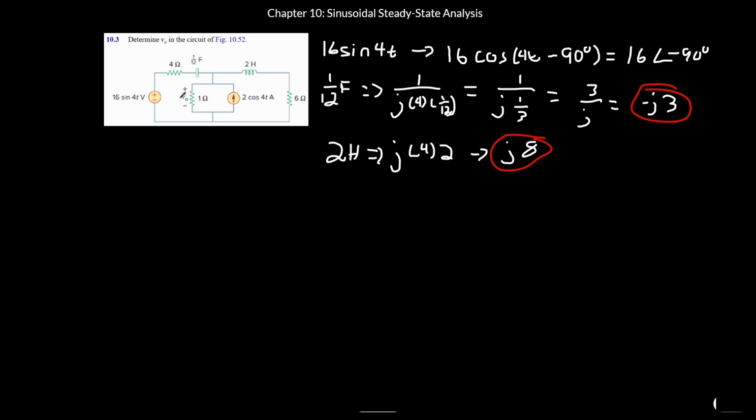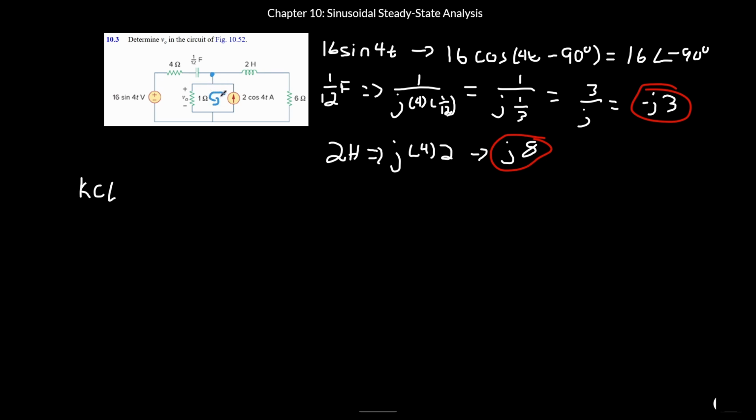Now, to determine V naught, what we're going to want to do is do Kirchhoff's current law, so KCL. And we're going to want to evaluate from this point. So we're going to do a little bit of nodal analysis. From here, we can say that our current moves in a circular kind of direction.